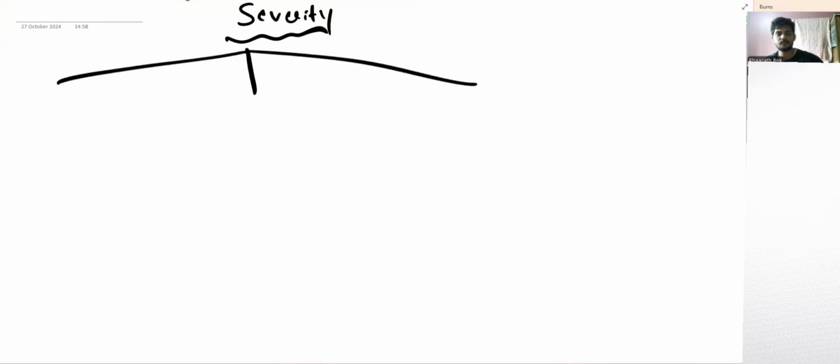So that was about inhalational injury. The next topic is again we'll get back to classification of these burns. Depending upon the severity, these burns can be classified as a minor burn, a moderate burn, or a major burn.